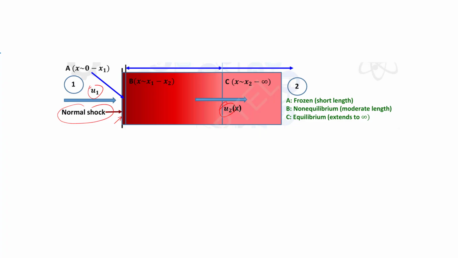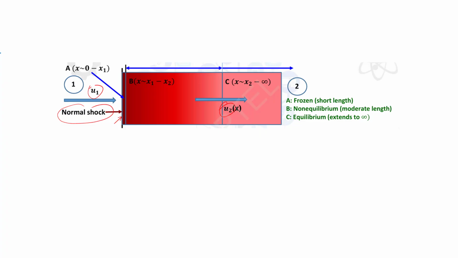So it will have non-equilibrium for some distance, and after that, when it attains equilibrium once again, it means that vibrational and chemical equilibrium are attained, it will remain in equilibrium.